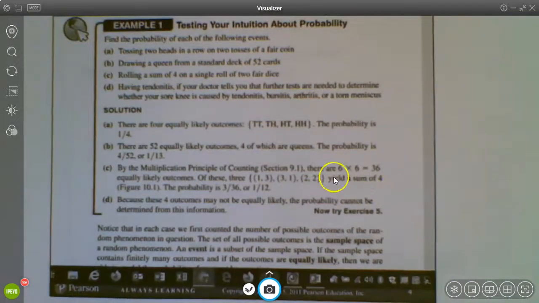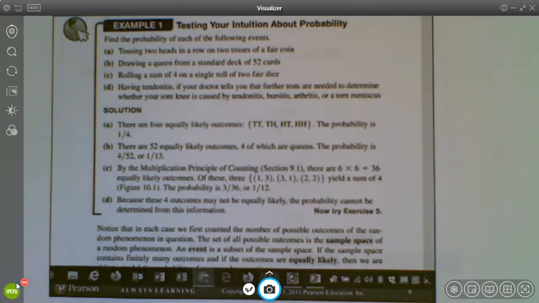The last one they mentioned is just more of that sort of word problem case. So you've got tendinitis. Doctor tells you that further tests are needed. Yada, yada, yada. And then they talk about the causes that we're looking at here. Right? So what they're wanting to point out in this is when you deal with probability, the cases have to be equally likely in order for you to just look at this sample space and say what the probability is.